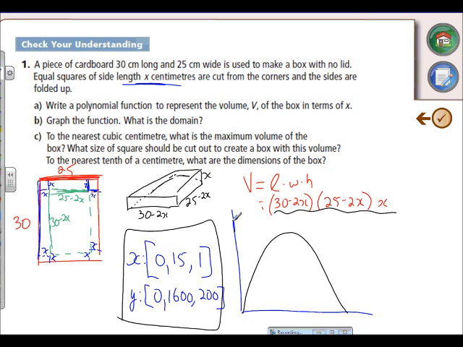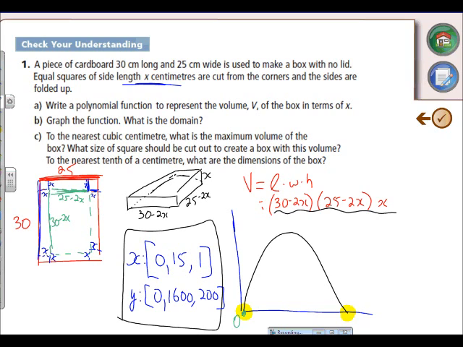What is the domain? Well, the domain of the function is from the lowest x value to the highest x value. So you're going to need to find that x-intercept. We know that the lowest it can be is 0. If I cut out 0 of an x, we're going to have 0 as our volume.